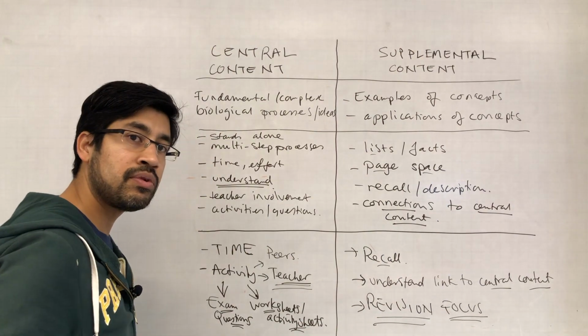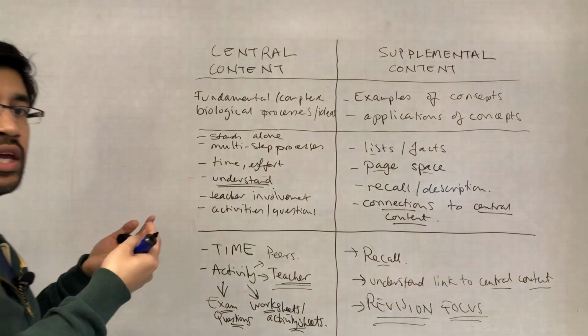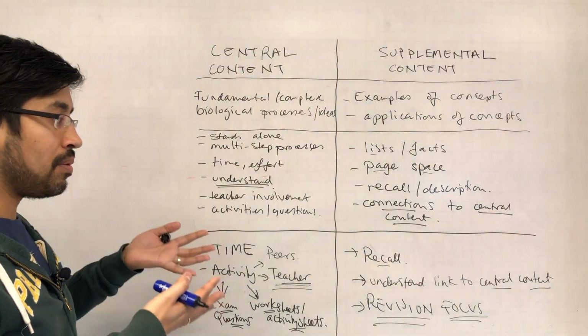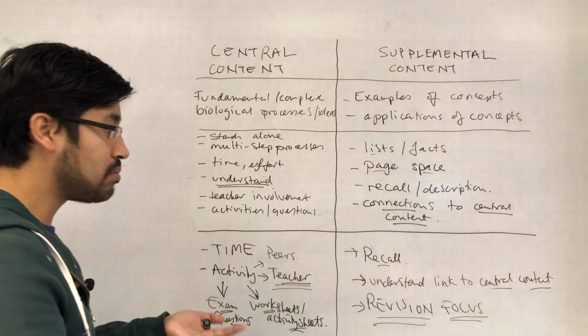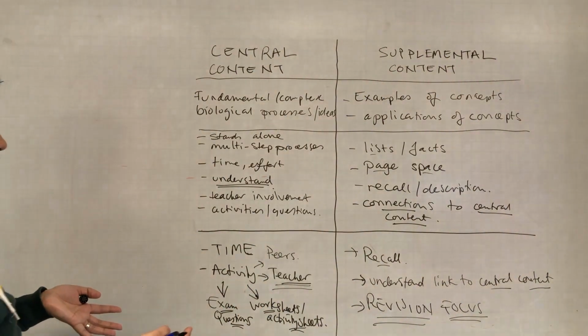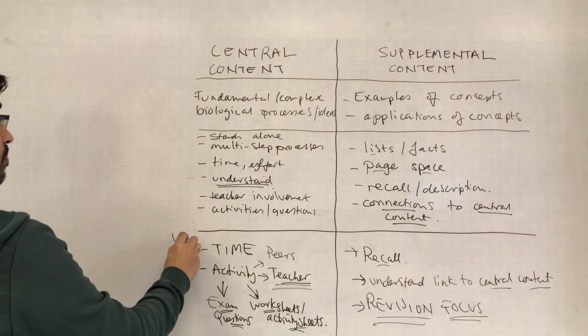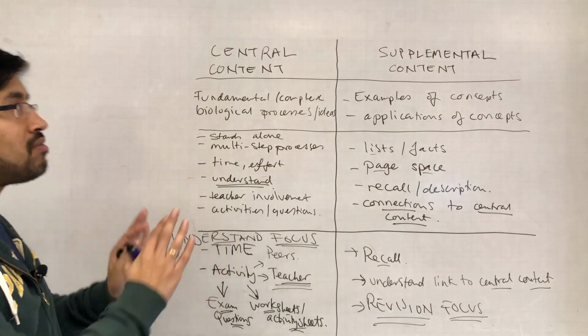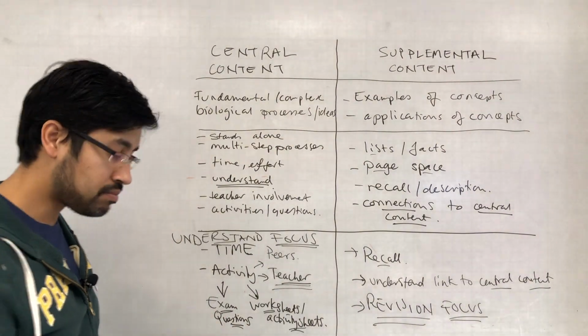These examples, these connections to the main concept, it does simply take remembering those ideas. But again, I don't want to simplify it too much. Whereas with central content, there's a strong understanding focus. Now that we've looked at the different types of content, let's look at some examples of what I mean.